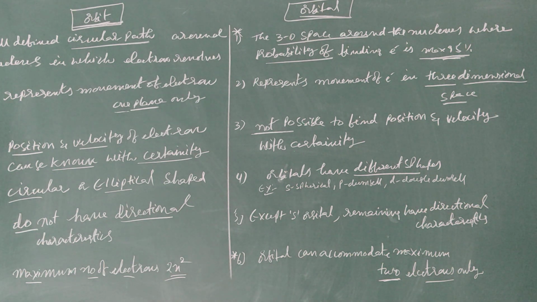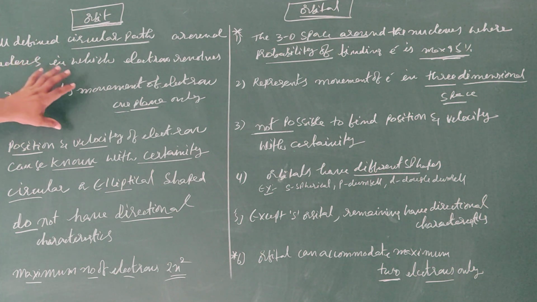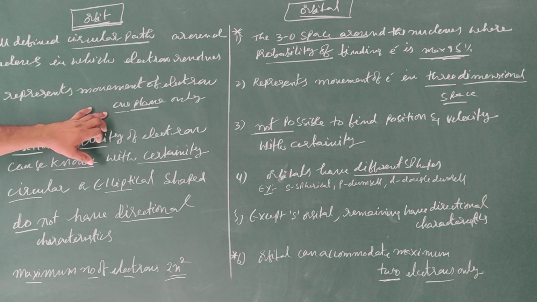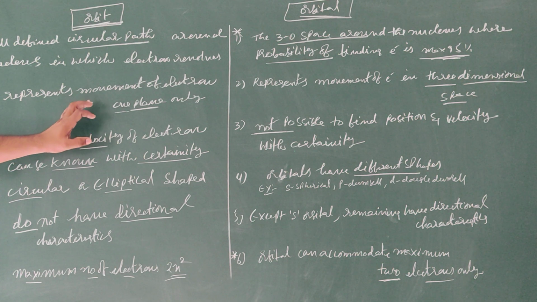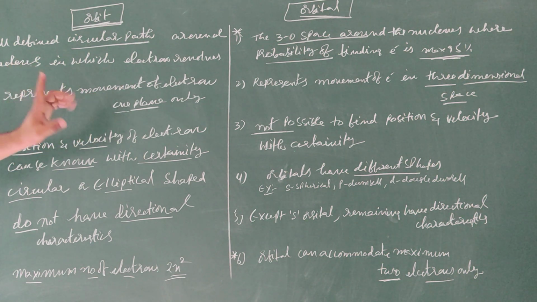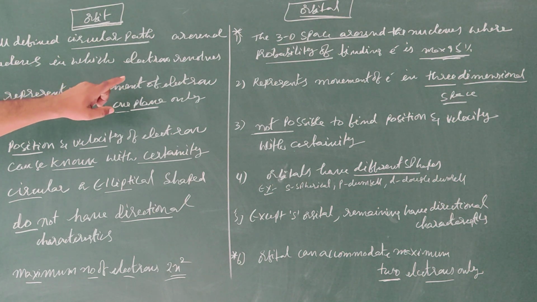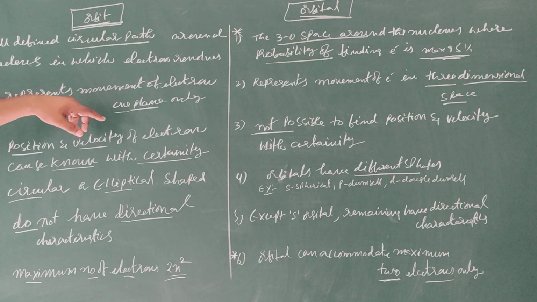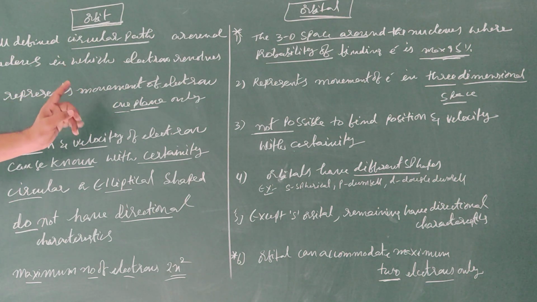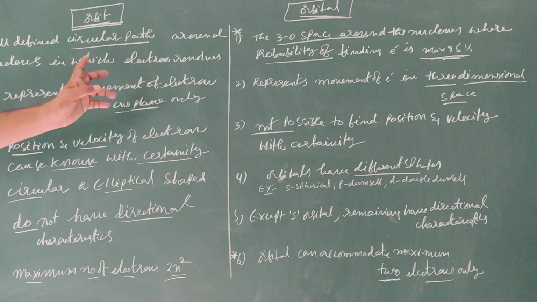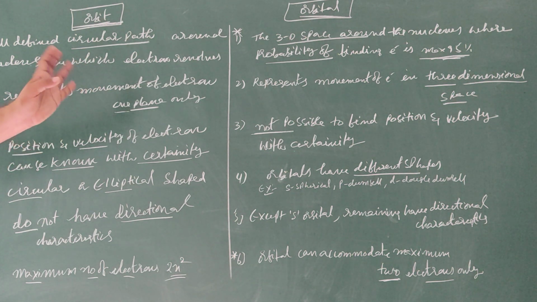Next, number 2. An orbit represents movement of the electron in one plane only, whereas an orbital represents movement of the electron in three-dimensional space. Next, point number 3.